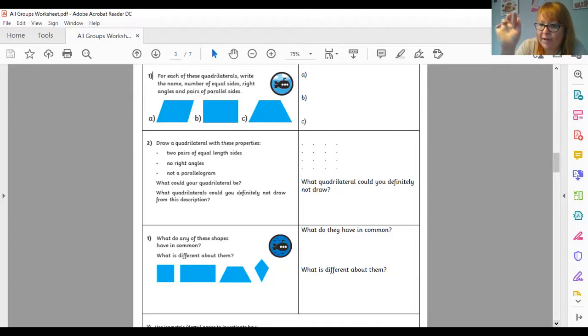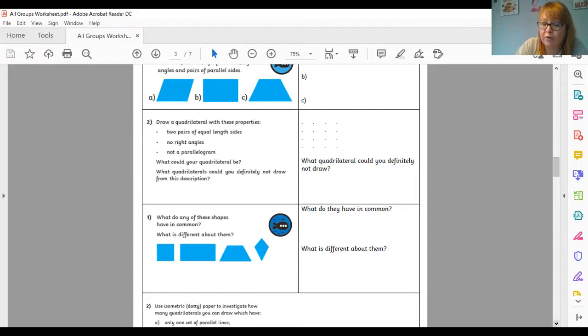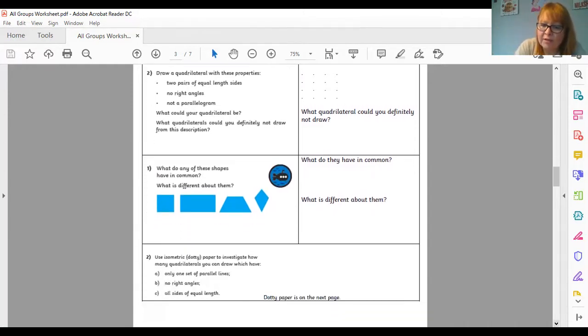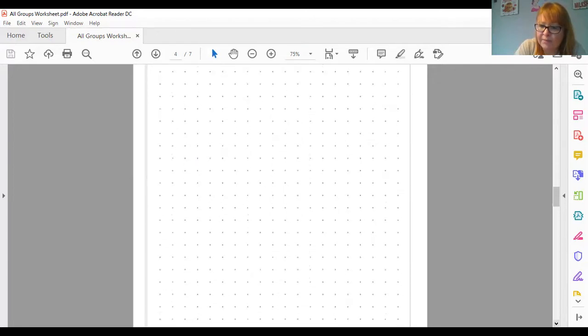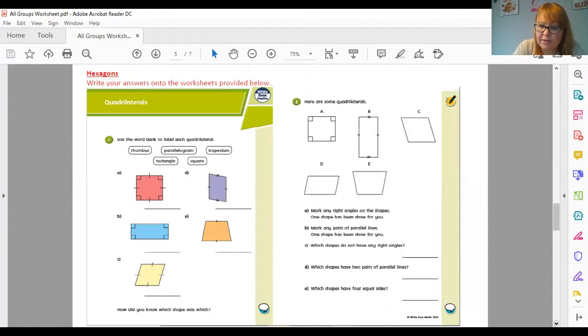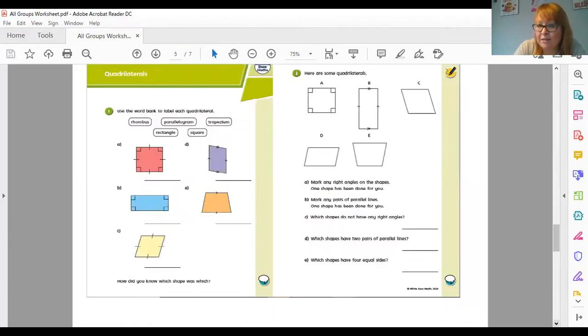You can use the pen tool to write in the answer boxes. You can use the drawing lines tool to try and draw your quadrilaterals. So they're your questions, and it says dotty papers on the next page. And then scrolling down, hexagons, you've got some questions there to answer. All right. Now you only need to answer your group's questions.